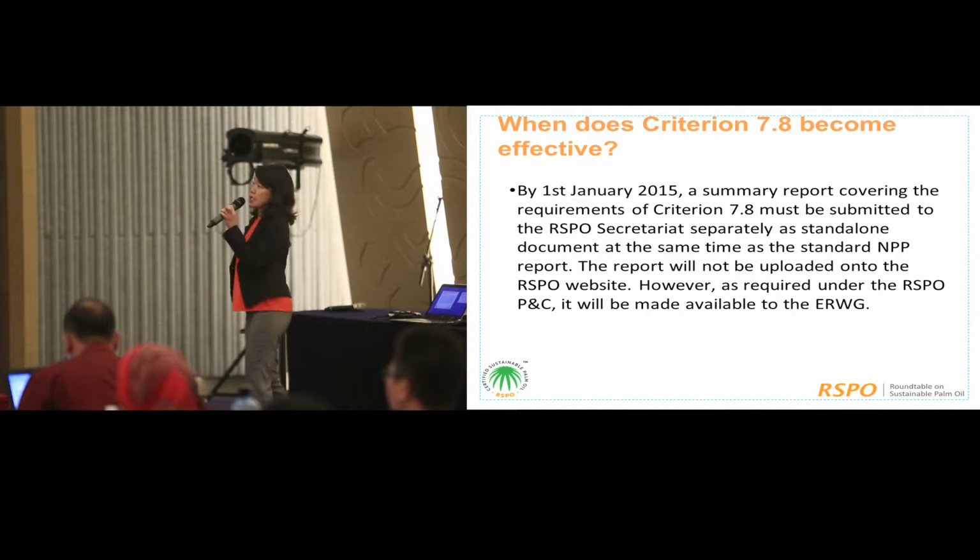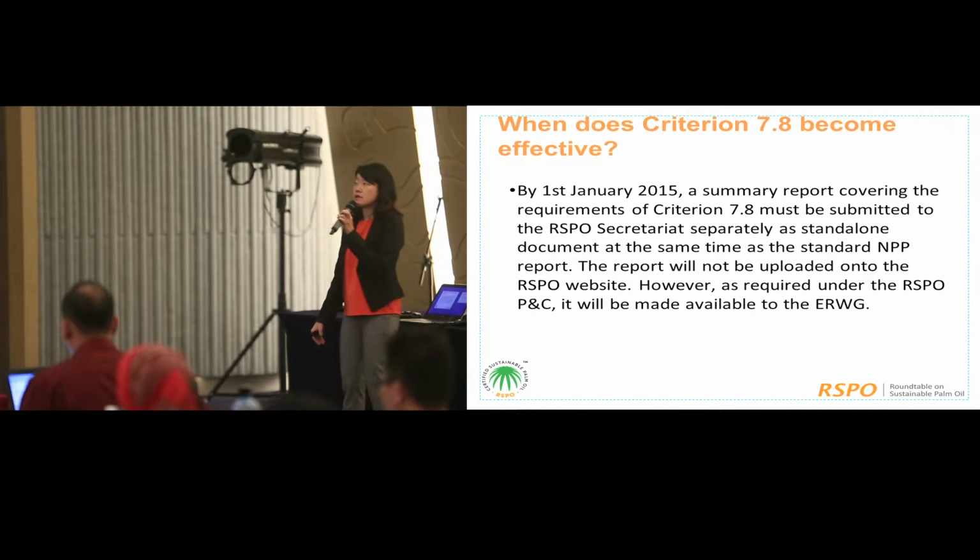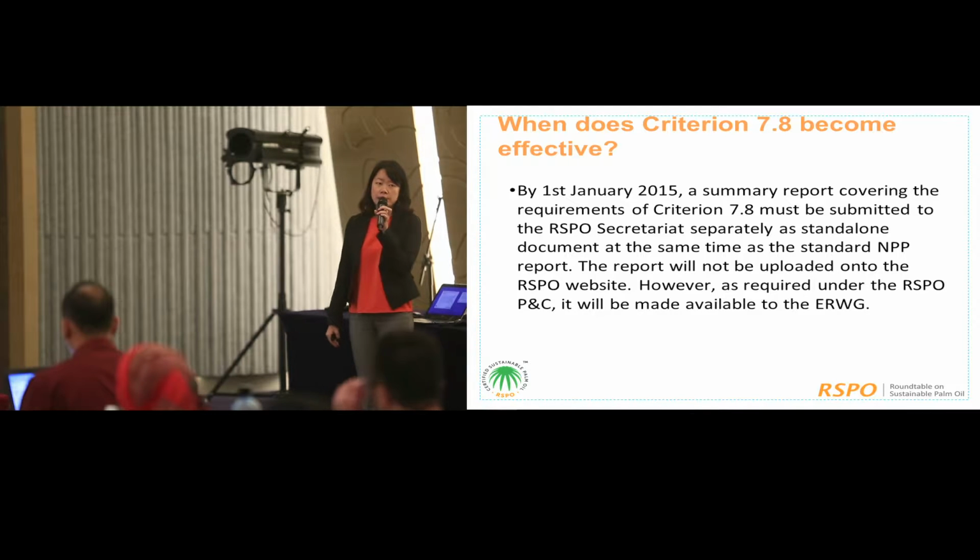So by 1st January 2015, when a company submits their NPP report, it should already be accompanied by a summary report covering all the requirements of 7.8. At that time, we were still relying on the old NPP document, which was introduced in 2010.